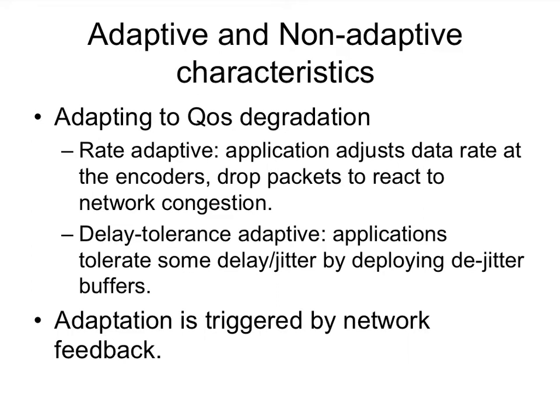So the other thing is that, when we get the trigger from the network, how do we control the rate, or the delay? We can do this by shaping the traffic. Regardless of the packets that are coming from the encoder or from the camera, we have to make sure that we send the traffic with a specific shape, so that the traffic will go smoothly through the network, which may involve actually lowering the rate.